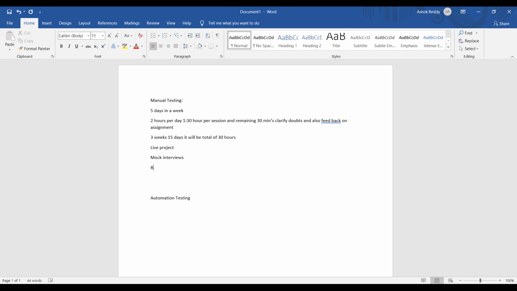Apart from mock interviews, I will also help in the preparation of your resume or CV once your course is done, so that you can go ahead and start applying for jobs. You can upload your resume into job portals and start actively looking for a career in the software testing industry. Okay, so this is brief about manual testing.